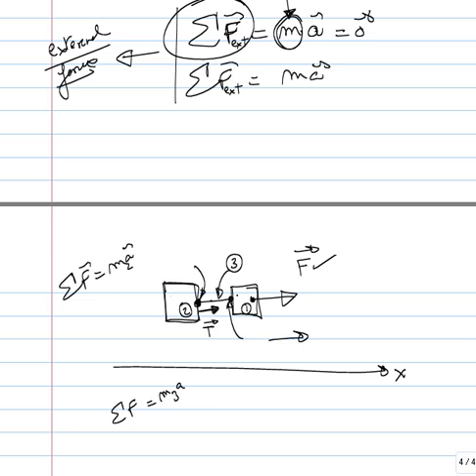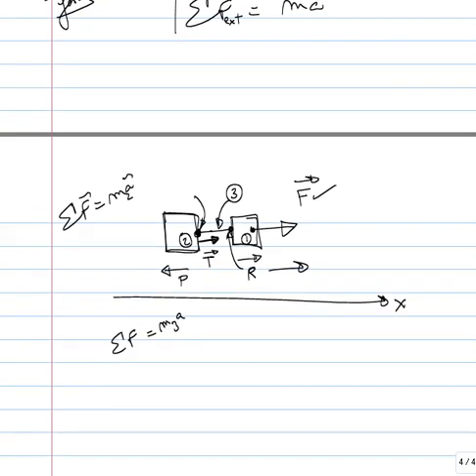So as far as 3 is concerned, it will feel two forces, one going towards the right, which is due to object 1, the other one going towards the left, which is due to object 2. Again, we have no idea what those forces are, so let's call them P and R. So P and R are the two external forces acting on the string, while T is the external force acting on system 2.